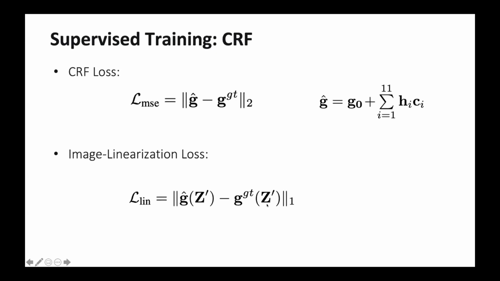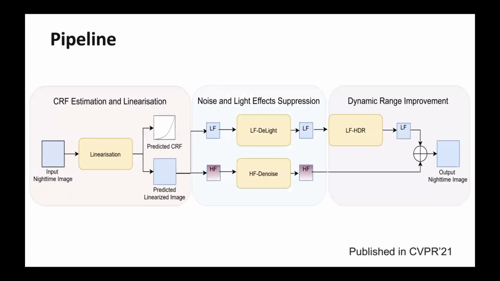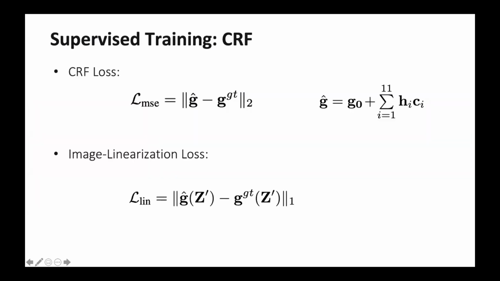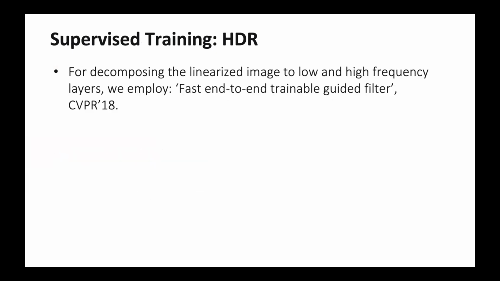So the same as here, if we have the input image Z prime, then using the gamma function, we can also get the linearized image. This becomes our image linearization loss. So there are two losses here, the gamma function loss and the predicted linearized image loss. These are the two losses for the supervised offline training.